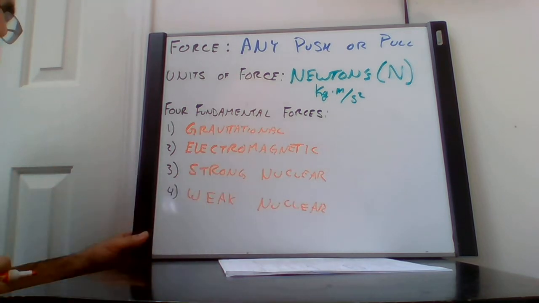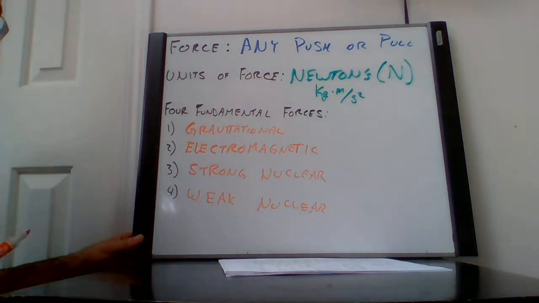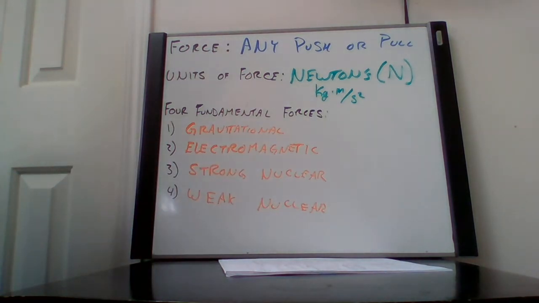We're not really going to touch these too much, but for those of you that are interested, the strong nuclear force is what keeps all those positive protons stuck together inside of a nucleus, and the weak nuclear force is used in nuclear decay and radioactivity.